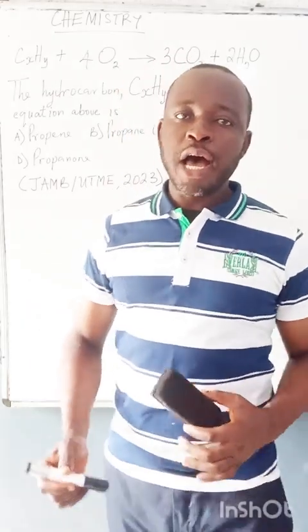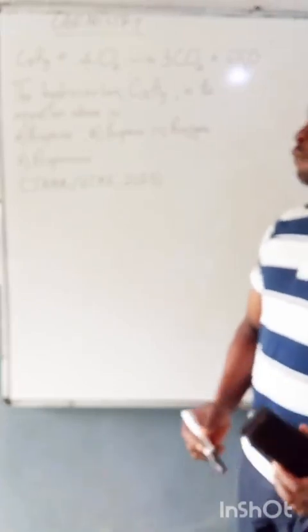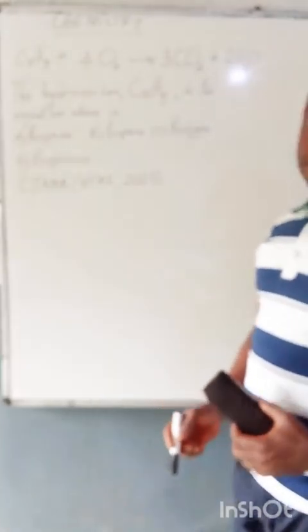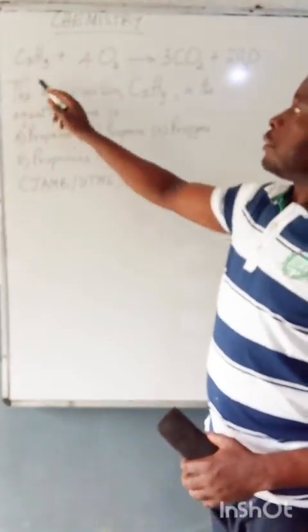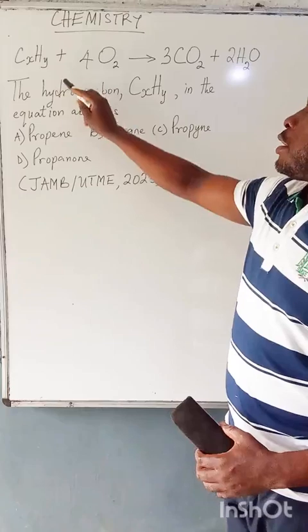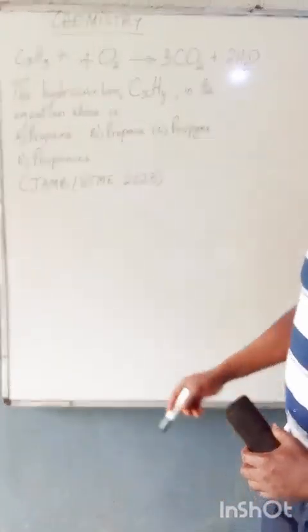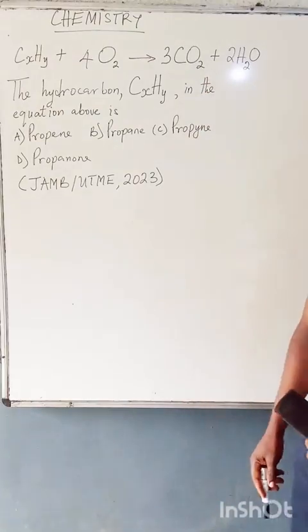On the board we have a UTME problem to be solved. The problem gives us an equation. CxHy reacts with oxygen to produce CO2 and steam, as you can see on the board.